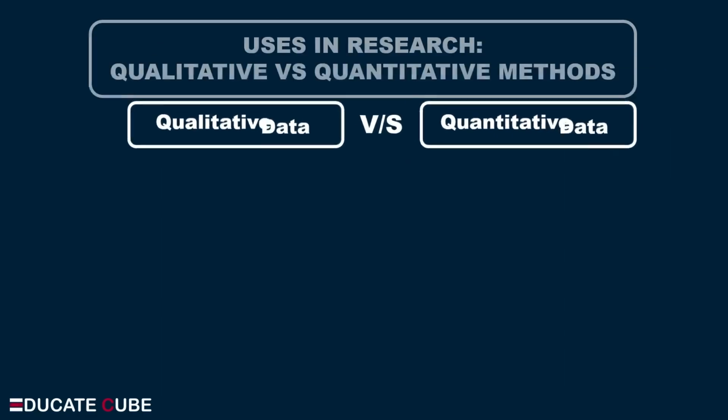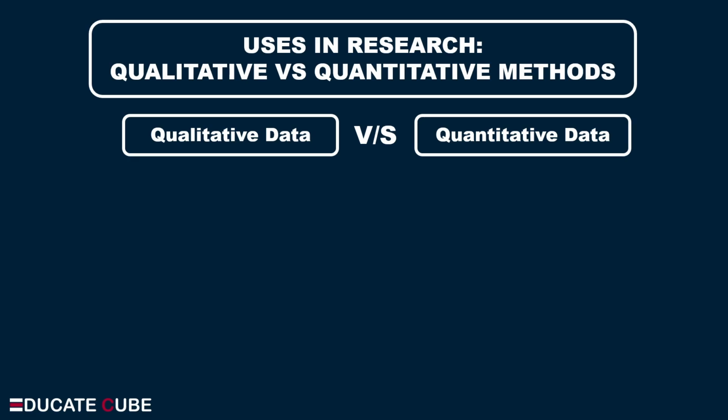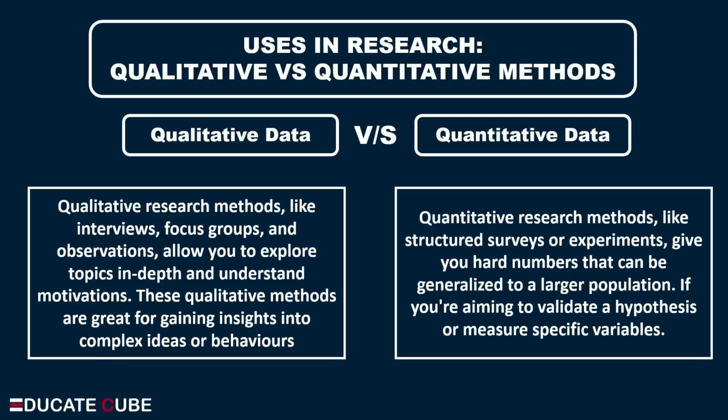In research, choosing between qualitative versus quantitative methods depends largely on your research goal. Qualitative research methods like interviews, focus groups, and observations allow you to explore topics in depth and understand motivation.